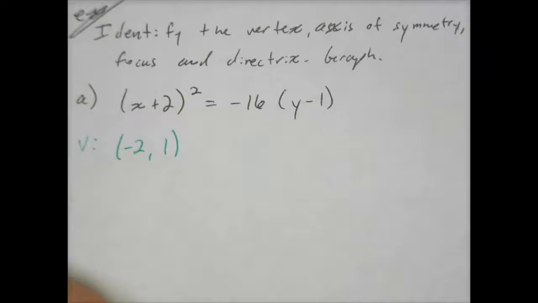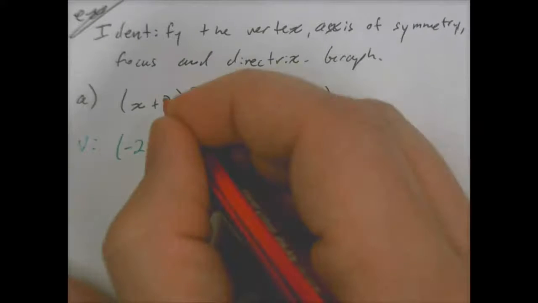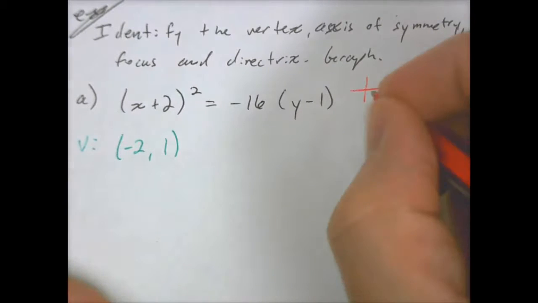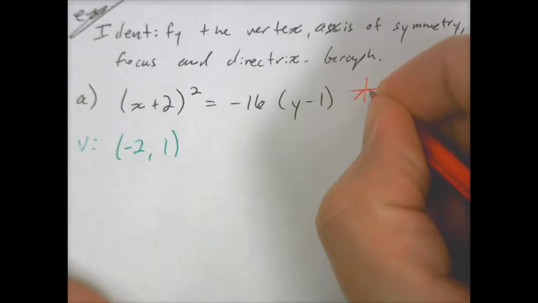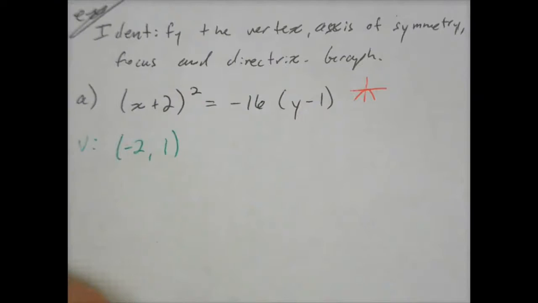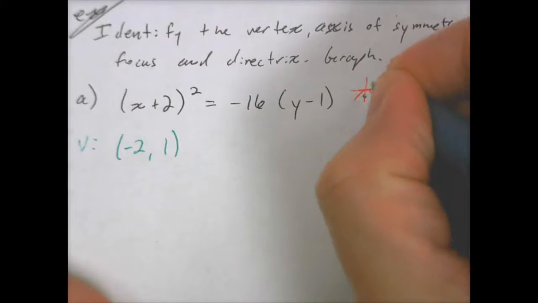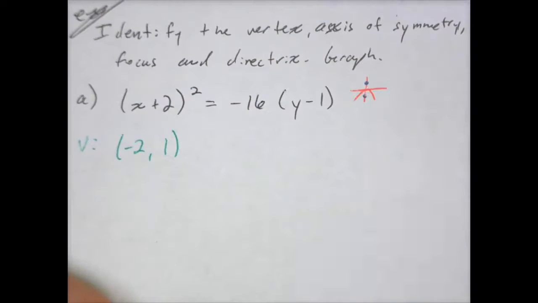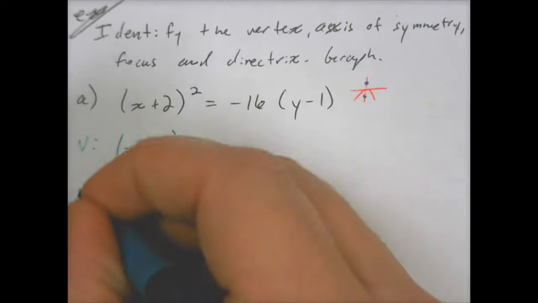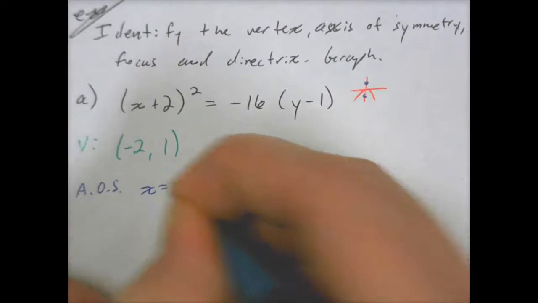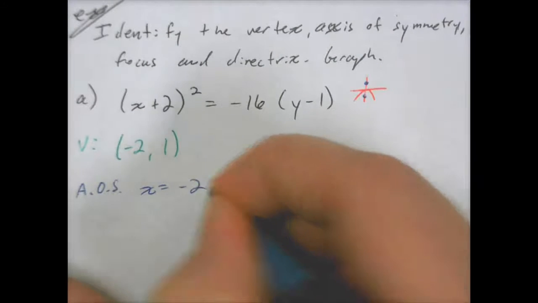And notice, since my squared is with my x, and it is negative on the other side, p is negative, what that means is it will open down. So if I know that the vertex is -2, 1, then the focus is going to be below, the directrix is going to be above, and the axis of symmetry should be x equals whatever the x value is, so -2.